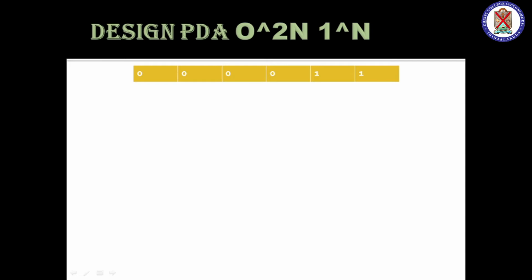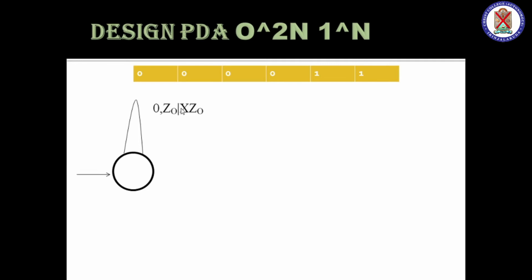So we can move to the design. In the first phase, what will we do? We will insert the 0. I have already said the concept in inserting 0.